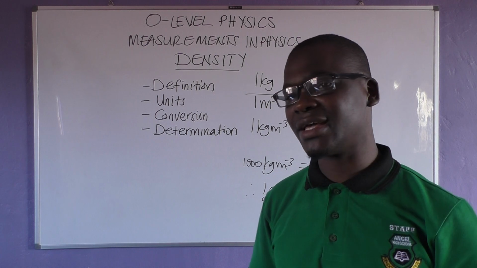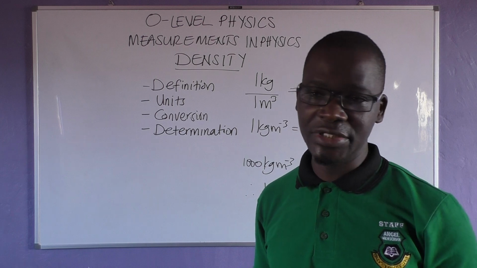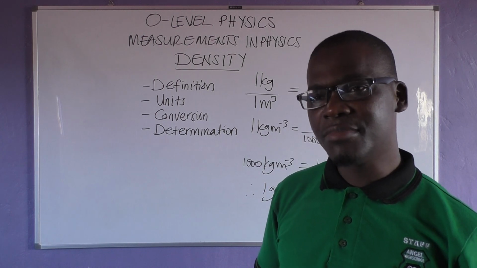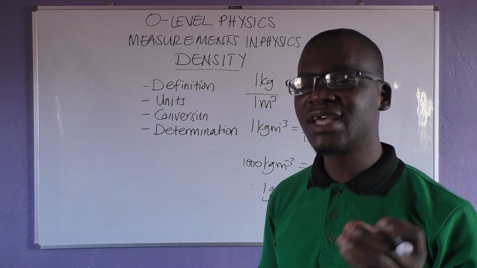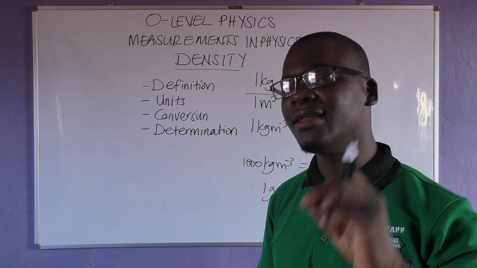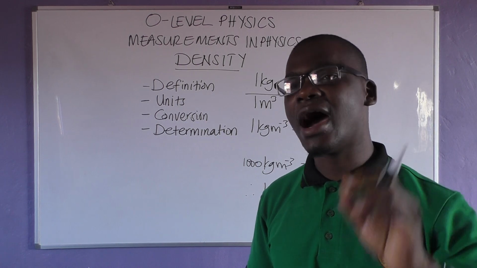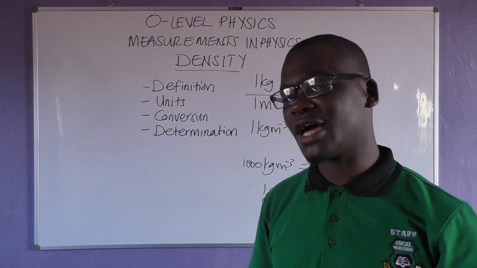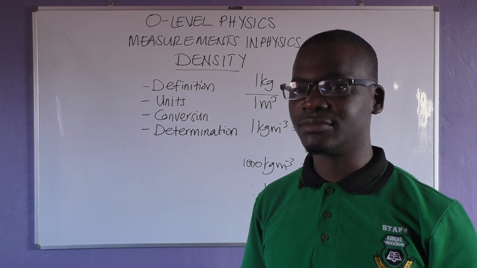Maybe before I summarize, there is also density of mixtures. For instance, I add milk in water, or I pour some water in milk, I get a mixture. So how do I get the density of that water-milk mixture? I get the mass of water, the mass of milk, and add them.